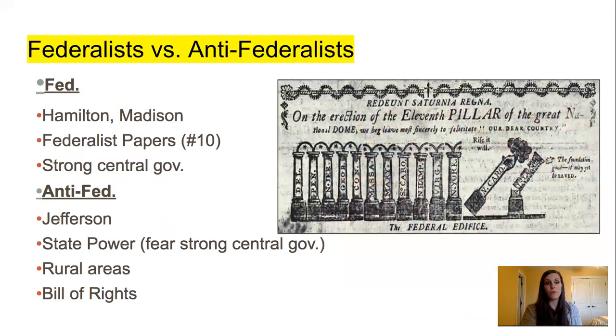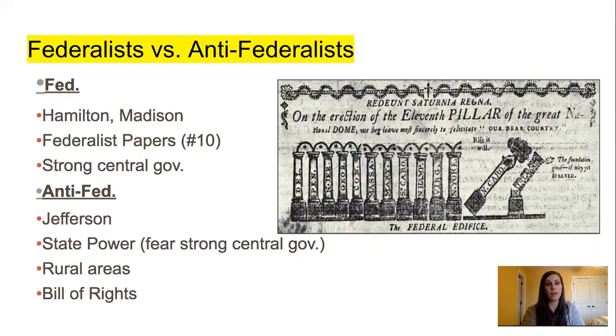There's disagreement over the ratification of the Constitution, headed up by Hamilton and Jefferson, who we know were arch nemesis. So the Federalists were Hamilton and Madison. They wrote these papers known as the Federalist Papers, the most famous of which is number 10. They want a strong central government, whereas Jefferson and his followers, the anti-federalists, are fearful of a strong central government.